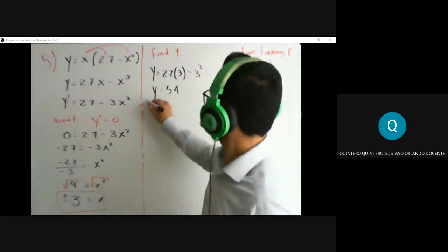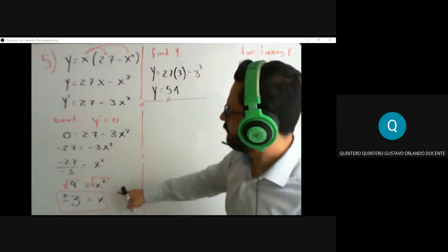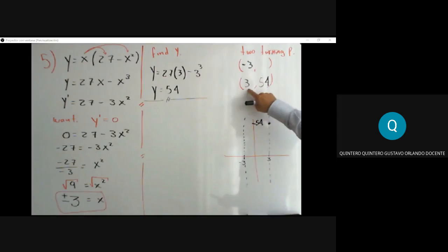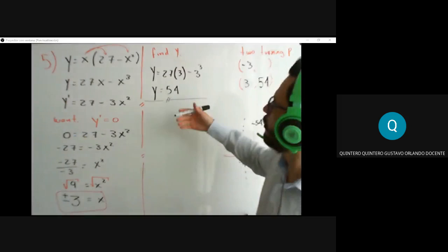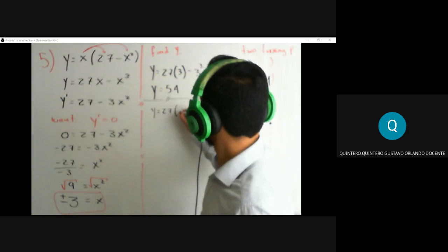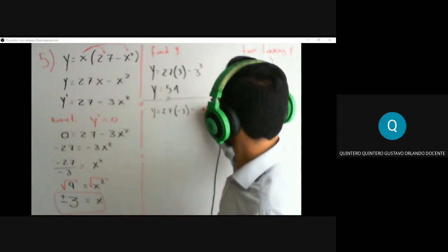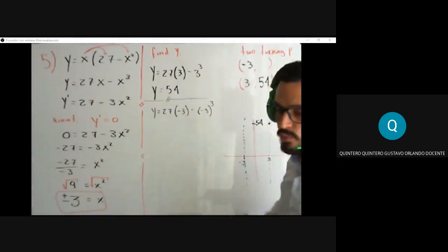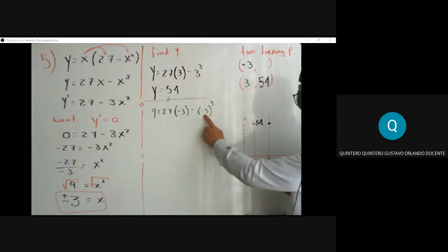Now, this was for the value of +3. Remember, there are 2 turning points, and we just found the y-coordinate of the +3. We need to find the y-coordinate of the -3 as well. So we need to do this process again, but with -3. All right, by doing it real quick, I have y equals 27 times -3 minus -3 cubed. For those of you who are doing this with the calculator, don't forget about the parentheses.